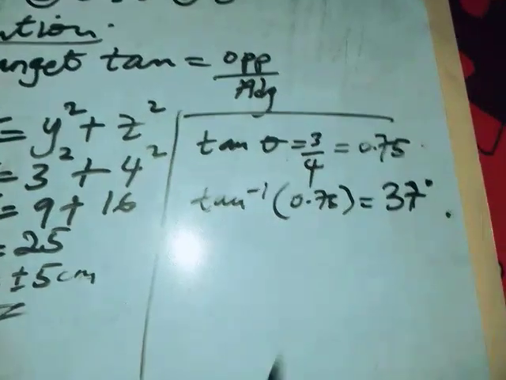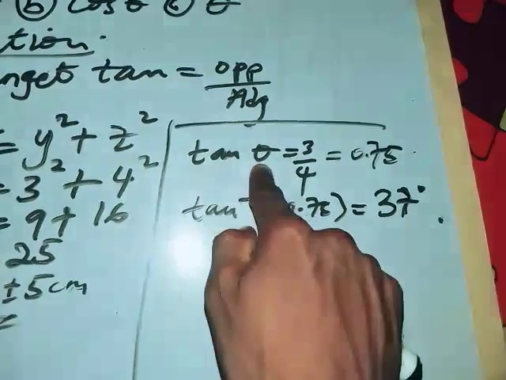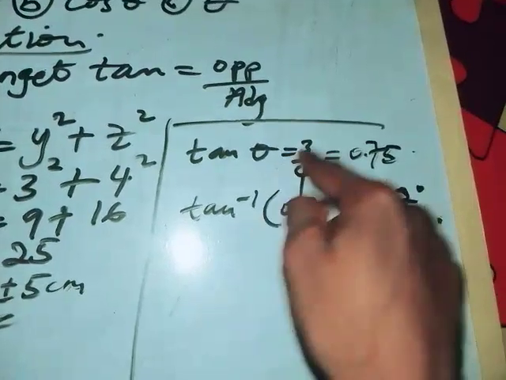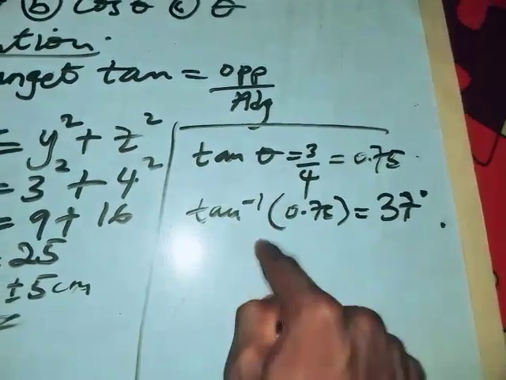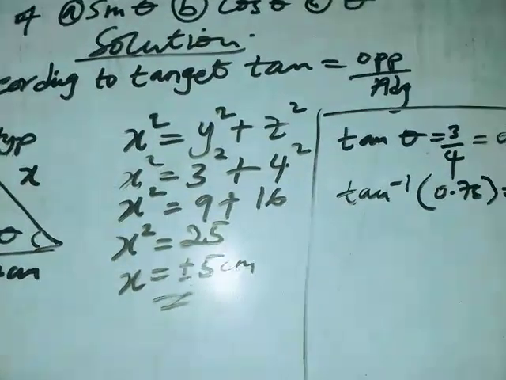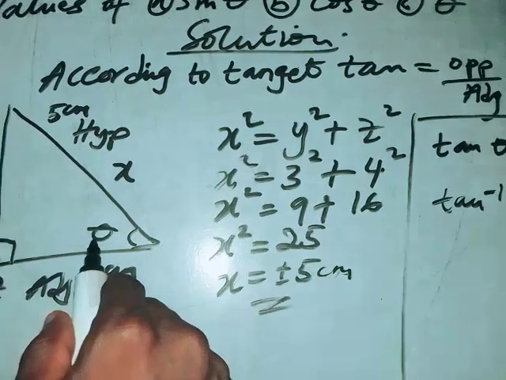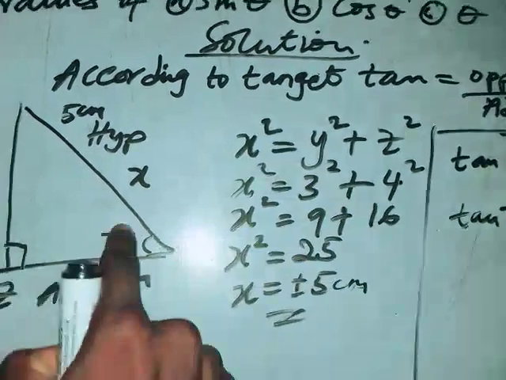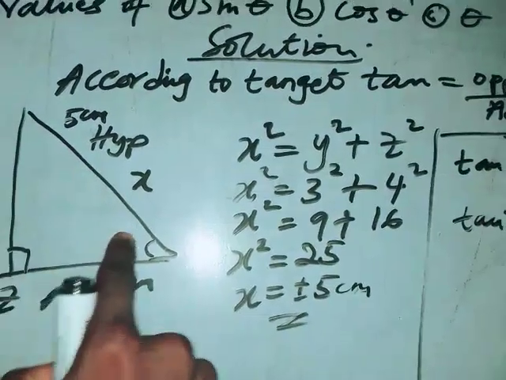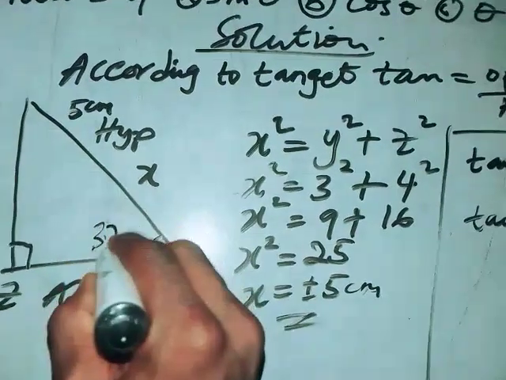So tan theta is equal to 3/4, which is equal to 0.75, and the tan inverse of this is 37 degrees. So we put 37 degrees here.